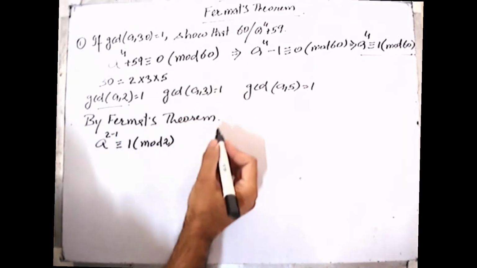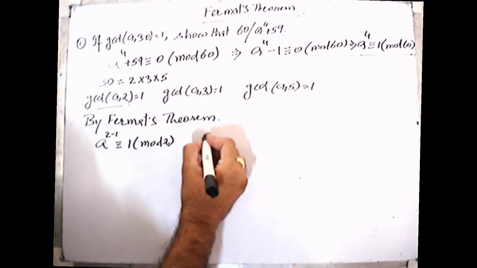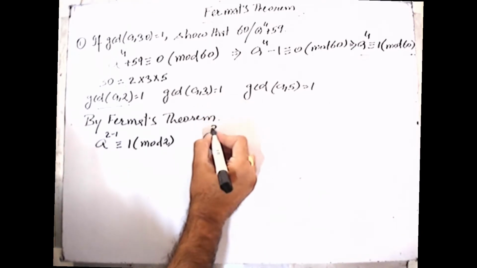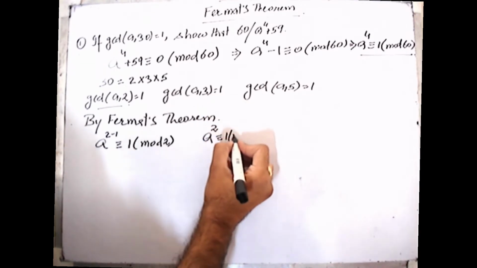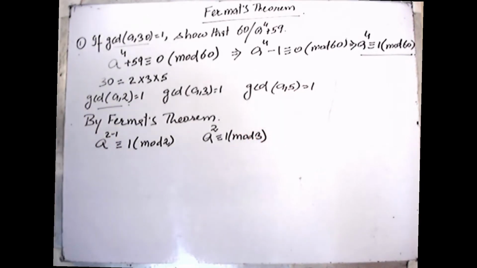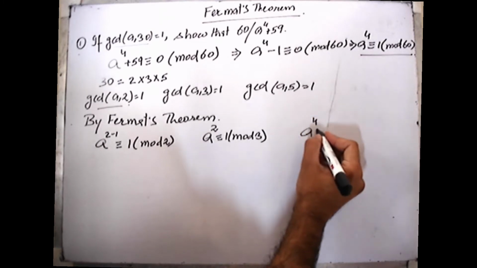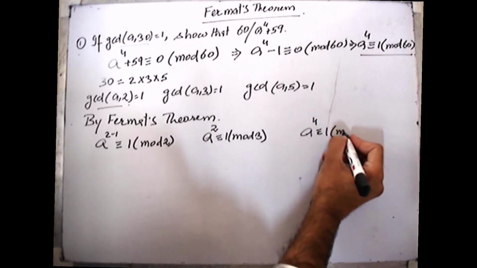And 3 is a prime and 3 doesn't divide a. So a power 3 minus 1, that is a squared, is congruent to 1 mod 3. And 5 is a prime, 5 does not divide a, so a power 4 is congruent to 1 mod 5.